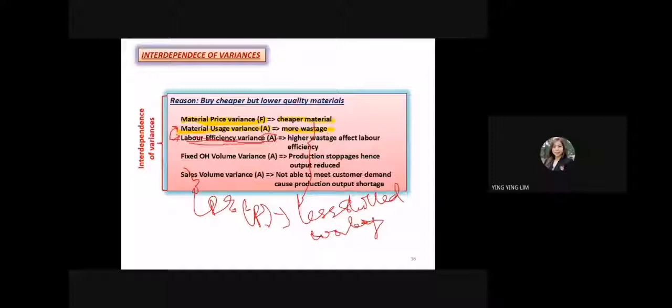Alright, or I could talk about my fixed overhead volume variance. So if my fixed overhead volume variance shows adverse, then I could probably say due to a stop in the production, output reduced. So meaning to say lower quality materials are harder to handle.